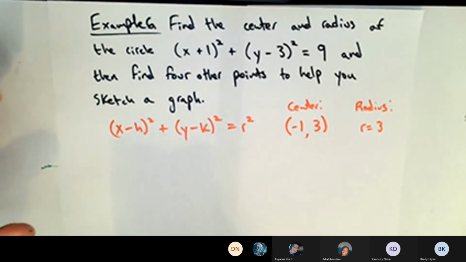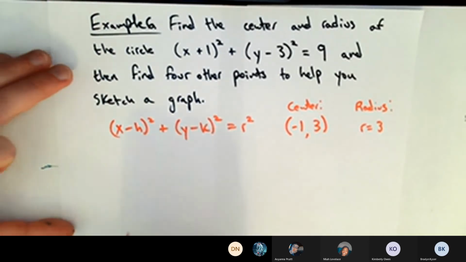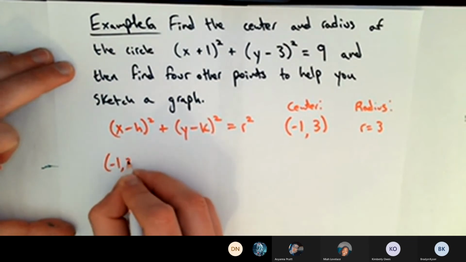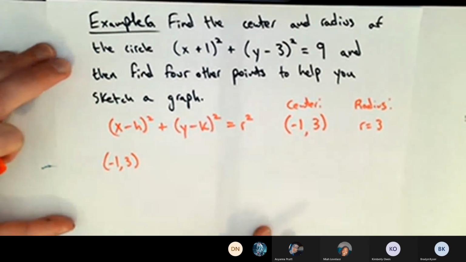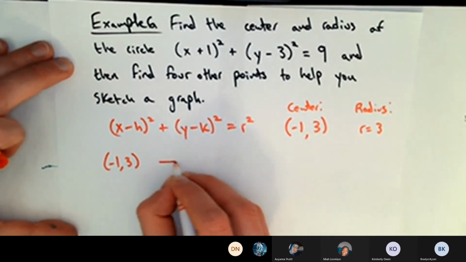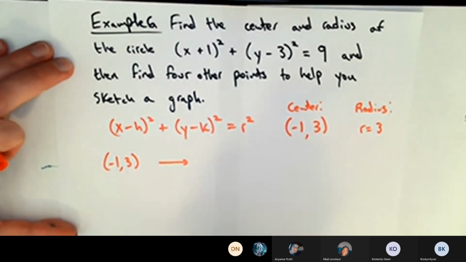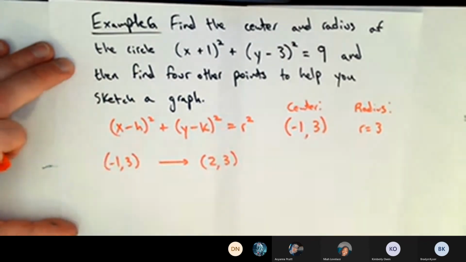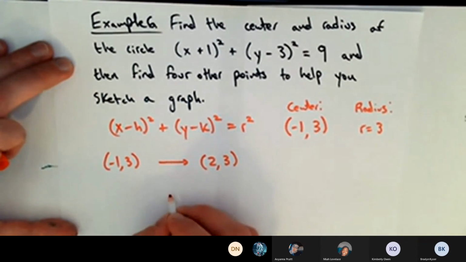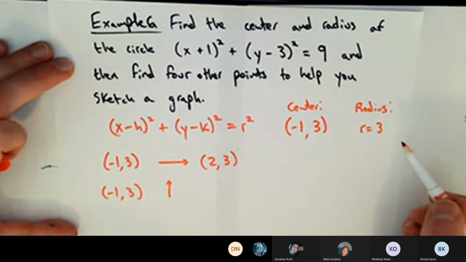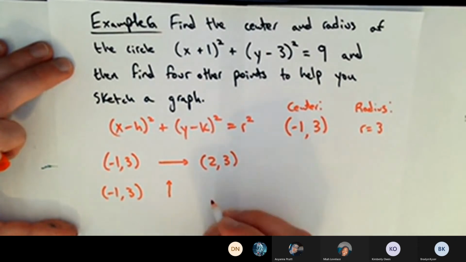Now, 4 other points. I'm starting with my center, negative 1 comma 3. I'm going to go to the right first. That means I'll add 3 to the x component, which gives me 2 comma 3. Now I'm going to go up from my center, which means adding 3 to the y component.